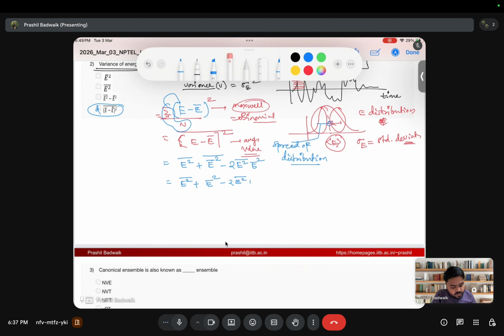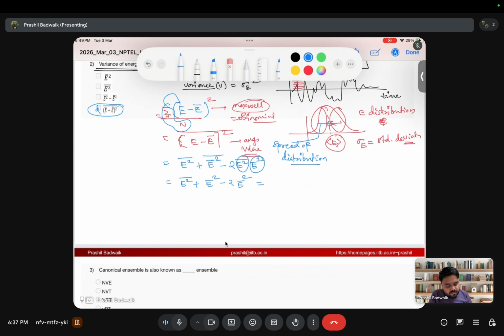So this will be 2 e average square, right? Because here I am taking the average value and again I am squaring it, which equals the square of the average value.